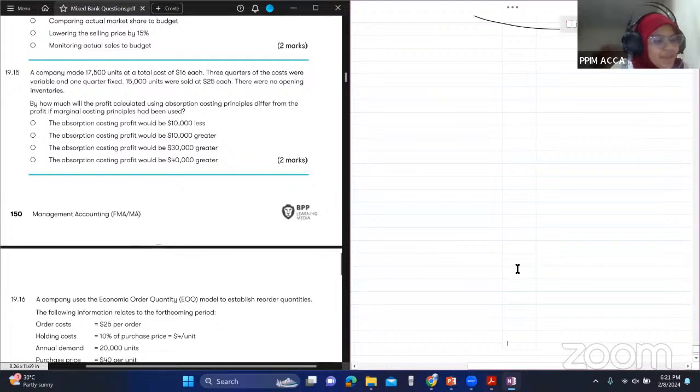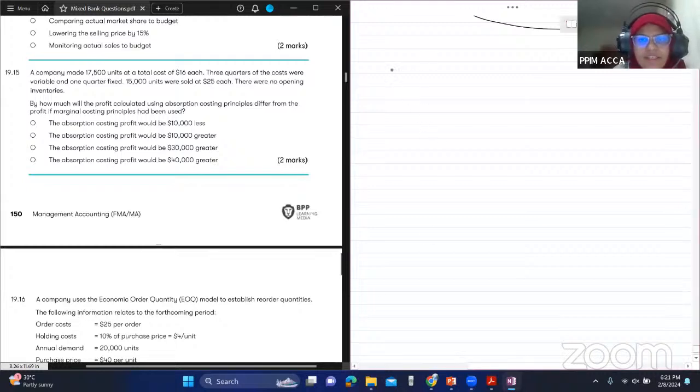So if you look at the change in inventory, they are saying we made 17,500 units, and then they're talking about a total cost of 16, of which 3 quarters were variable, 1 quarter was fixed, but they're saying we sold 15,000 units.